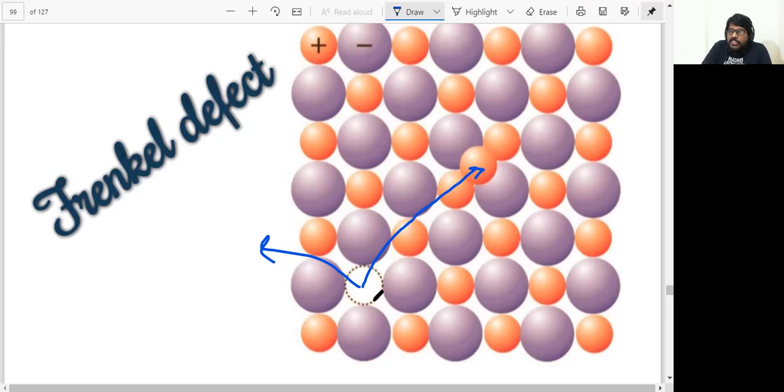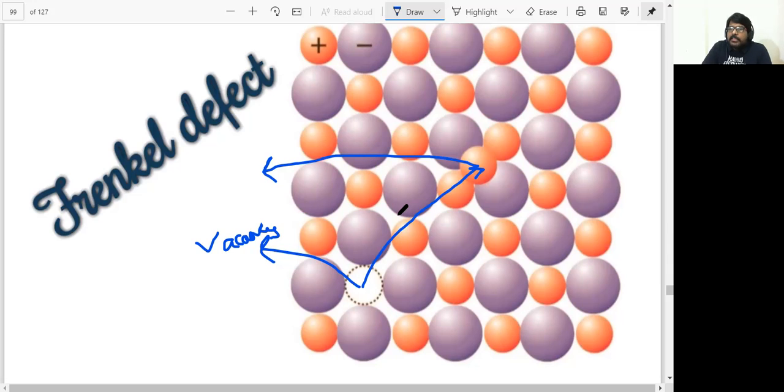So at the original site, this defect is said to be a vacancy defect. With respect to the new site, it is said to be an interstitial defect.